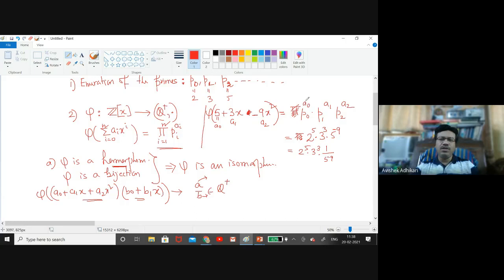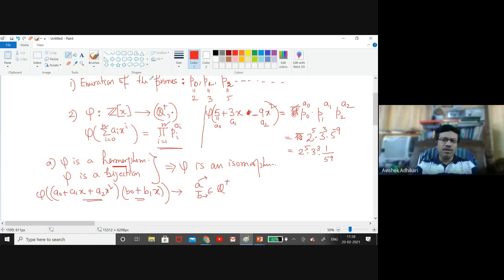Then depending on these integers, maybe positive or negative, you can find some polynomial whose map will be this A by B, and so that would be an onto mapping. So as a result, you can see that Z[x] is isomorphic to Q plus.